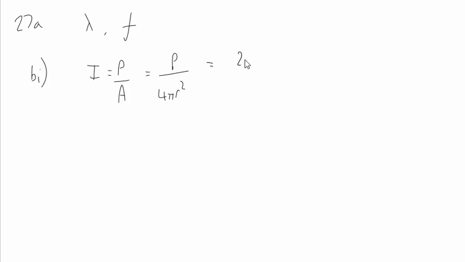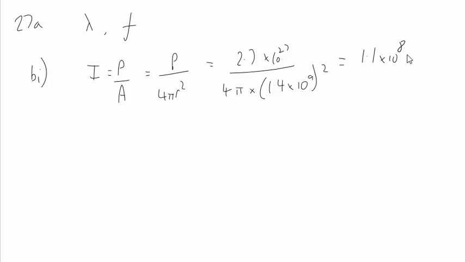We're given the power as 2.7 times 10 to the 27 watts. 4 pi times 1.4 times 10 to the 9 squared comes out as 1.1 times 10 to the 8 watts per square meter as required.